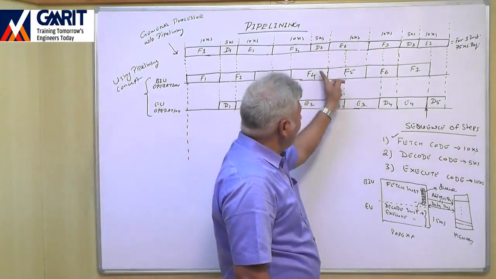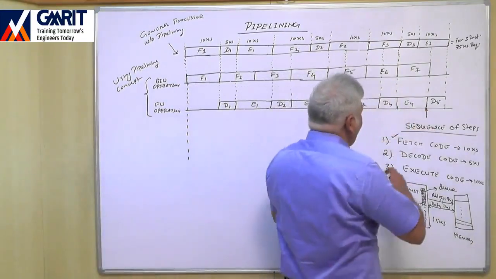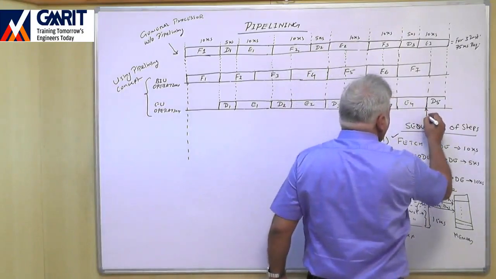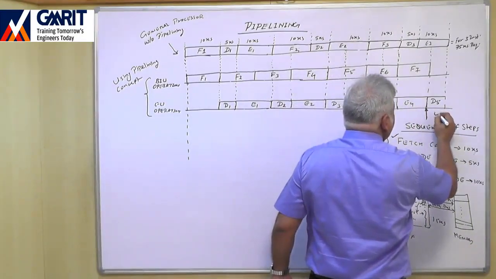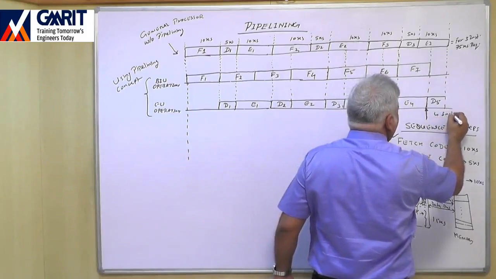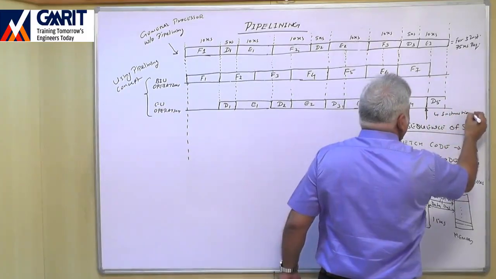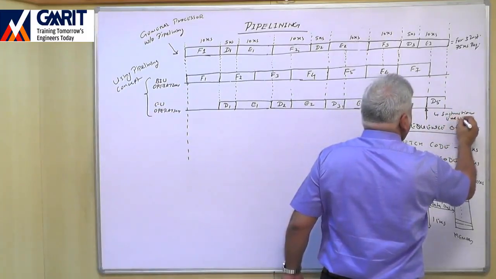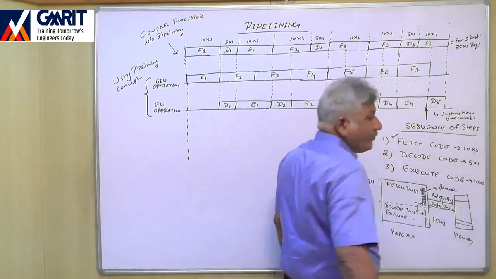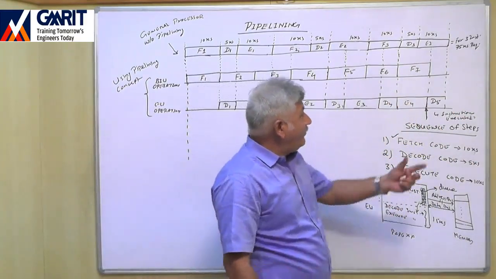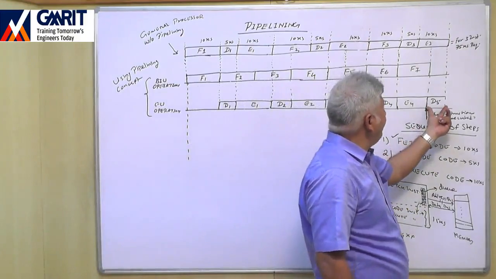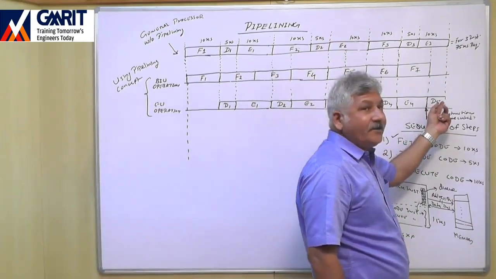And the fourth instruction was executed by this time. So by this time, 4 instructions are executed, right? And still we save this much time, during which the fifth instruction is decoded, right?